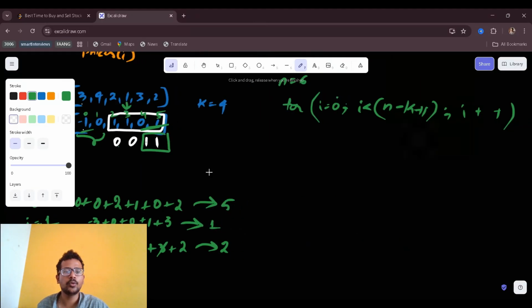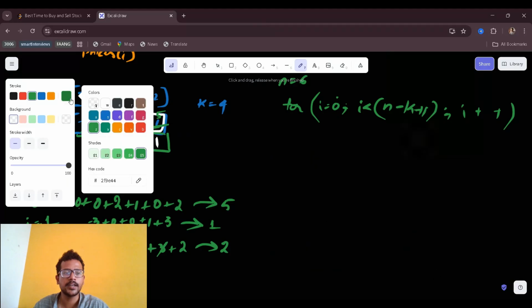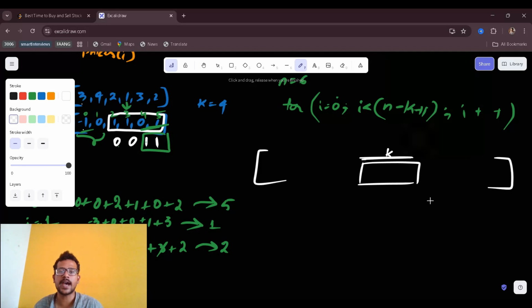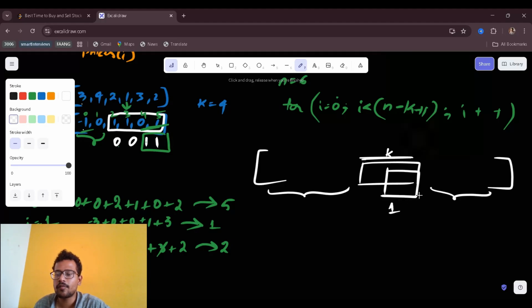So if I have to be very clear, I just need two things. First thing, k, and let us take this as an array of prices or strategy. So I need this one, and I just need this profit of ones.